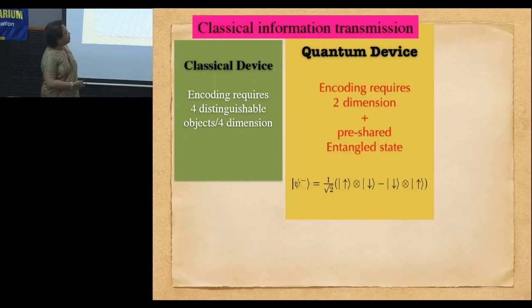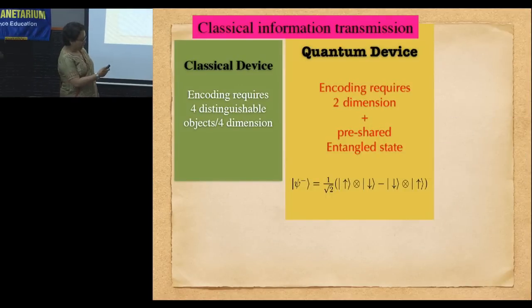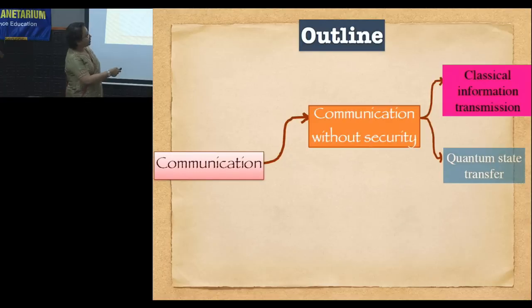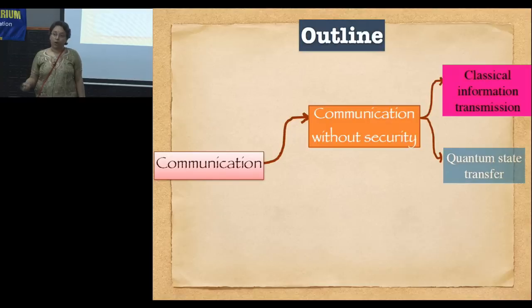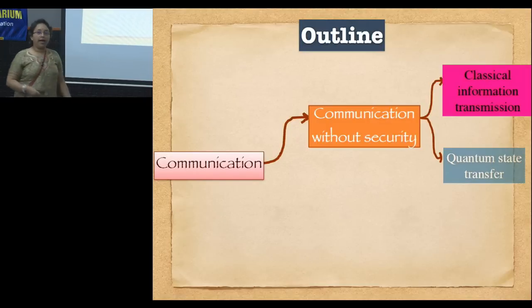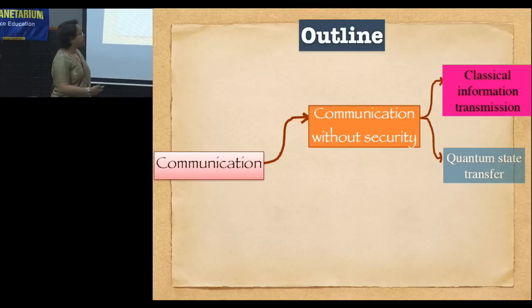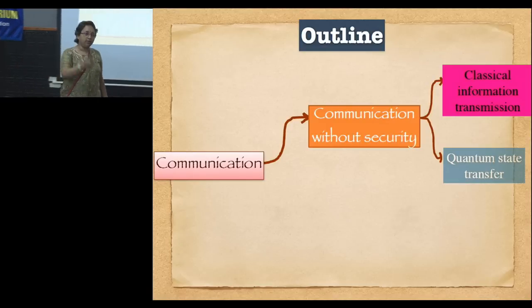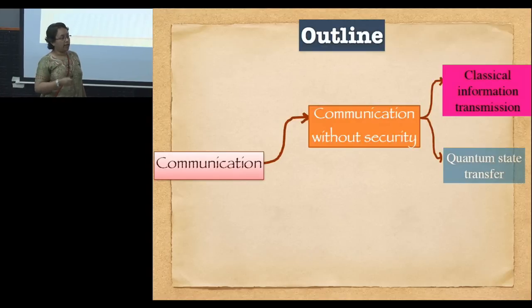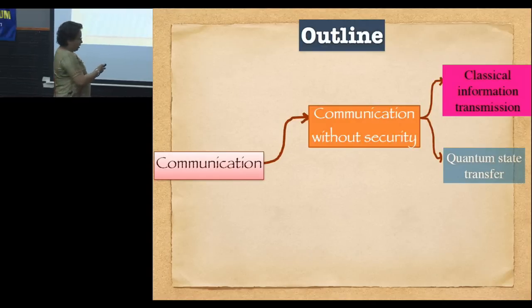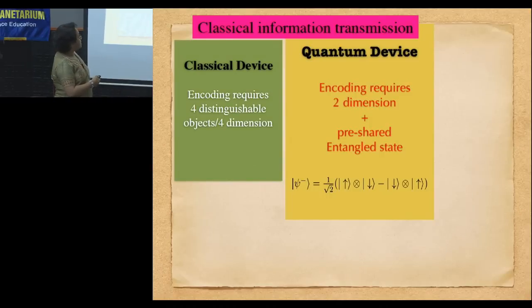Now, as I showed, in the case of quantum state transfer, entangled states are important. I am not going to discuss in detail, but if I want to send classical information like bits, and I encode the bits in quantum states, then one can show that quantum mechanics helps.